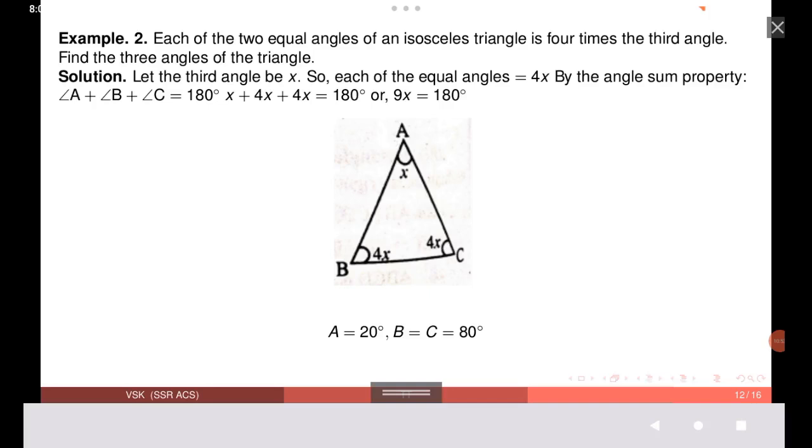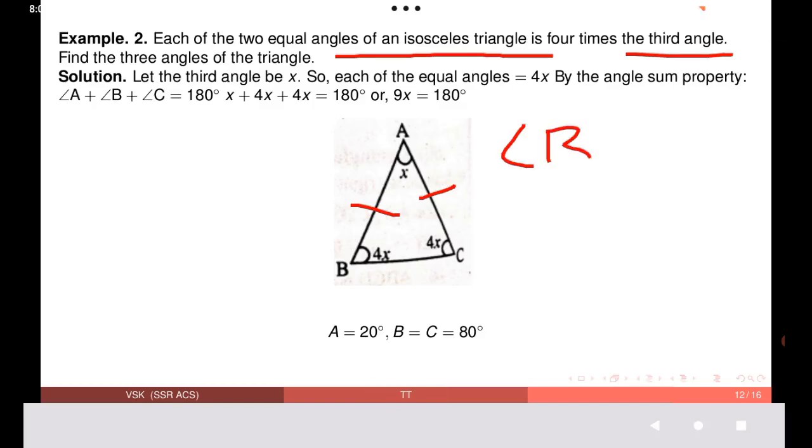Now in this problem, each of the two equal angles of an isosceles triangle is 4 times the third angle. Find the three angles of the triangle. Here what is the problem? This is an isosceles triangle, so these two sides are equal. So their opposite angles, angle B and angle C, will be the same.